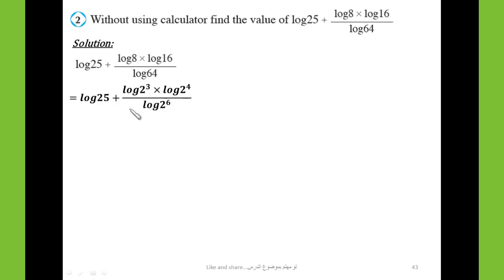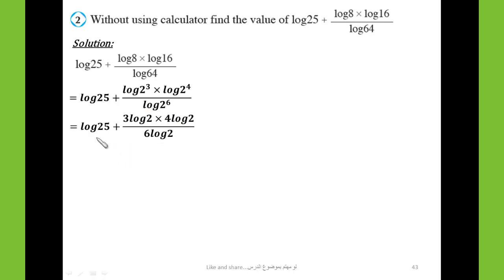Don't forget that the base here is 10; it is a common logarithm. Multiplying log 2 power 4, as 16 equals 2 power 4, over log 64, we write 2 power 6, as 2 power 6 equals 64.